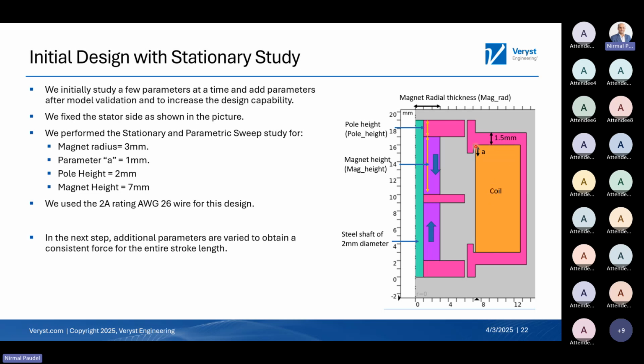There is an additional slot here, parameter A, and then there are parameters pole height, magnet height, and the magnet radial thickness. So these are the parameters that are defined.